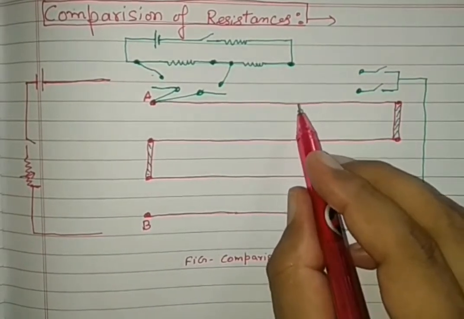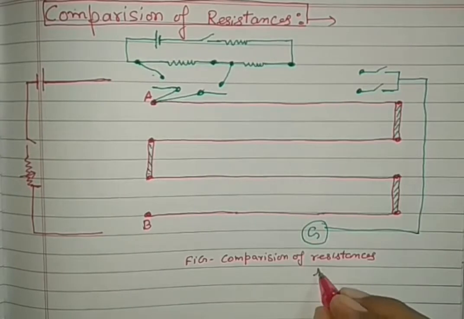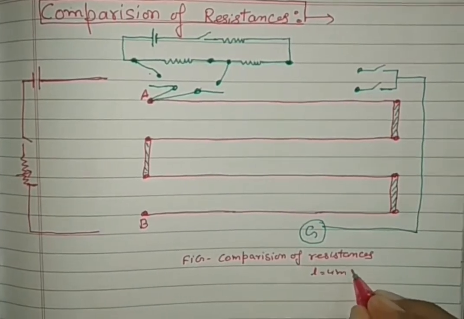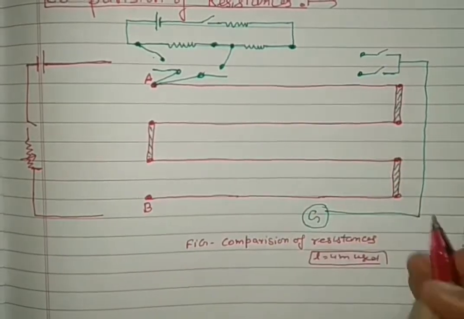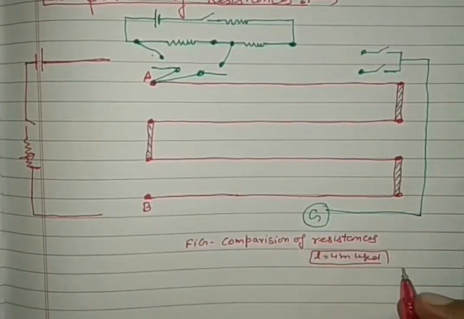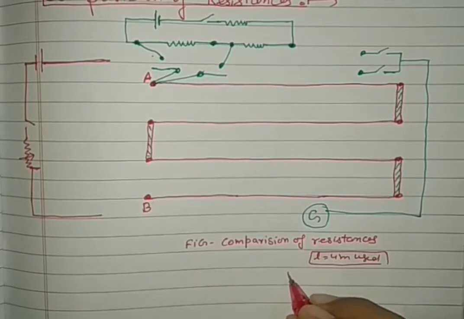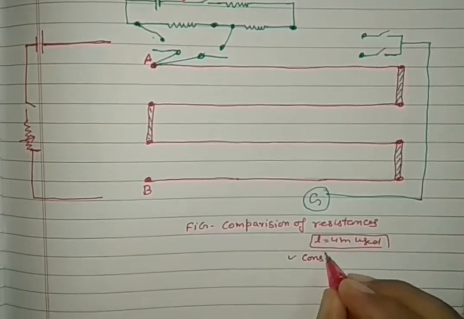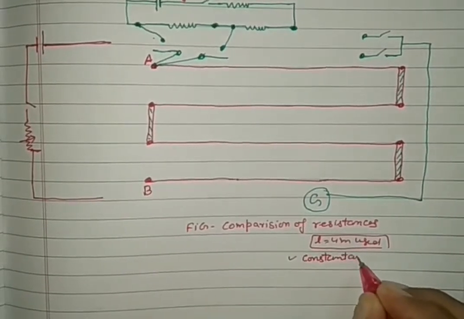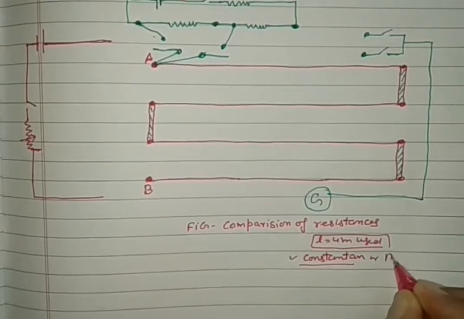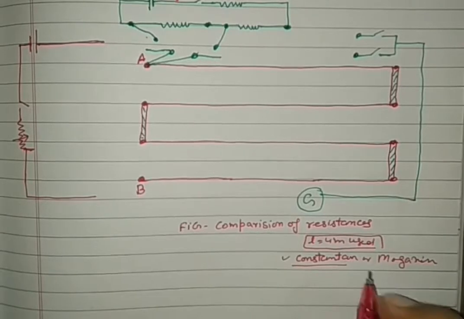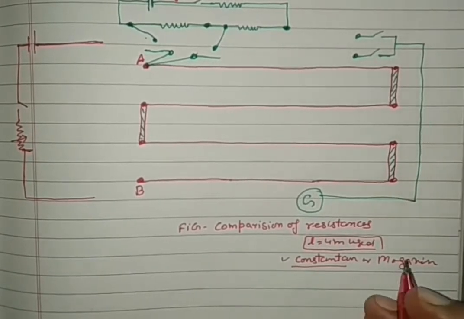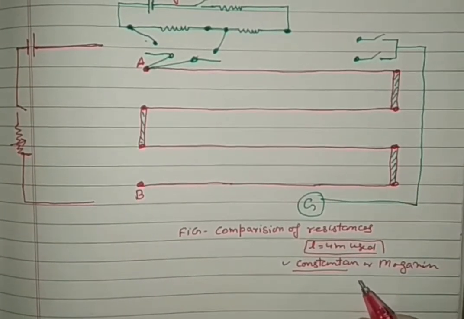Here in this diagram, a potentiometer of length 4 meter is used. The potentiometer wire of 4 meter is made of either Constantan or manganese, of standard wire gauge 22 or 24.